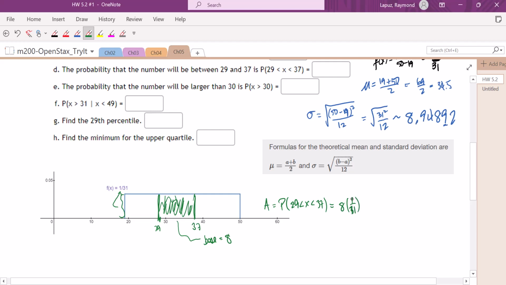So 8 divided by 31 is about 0.25806, and rounding off, that gives us 0.2581.